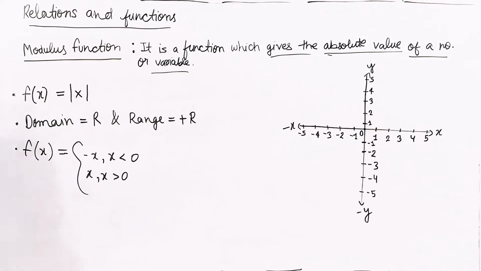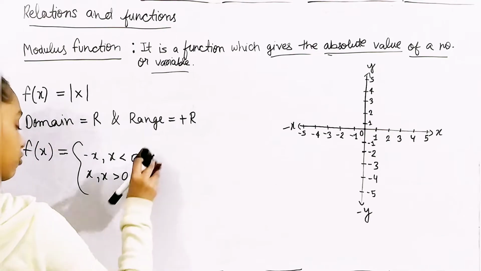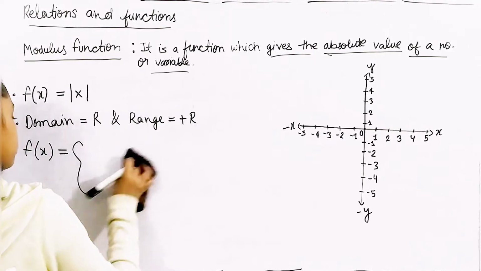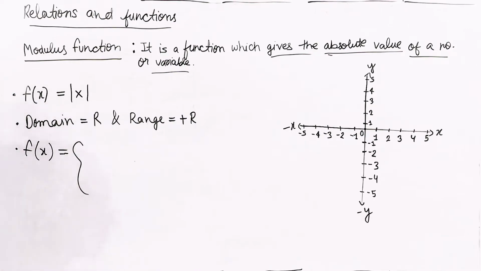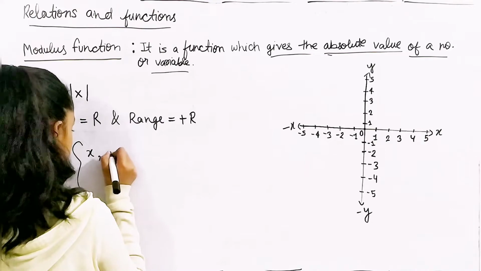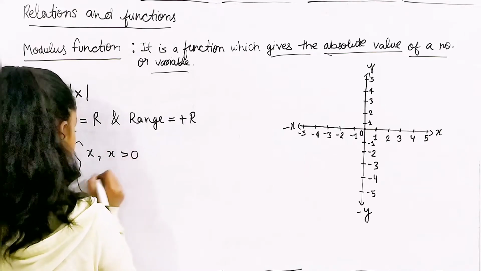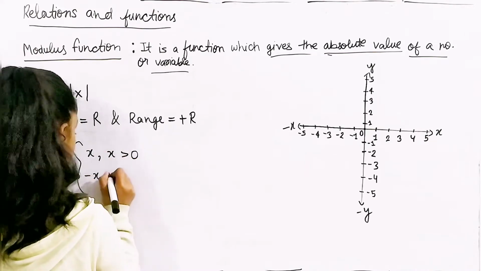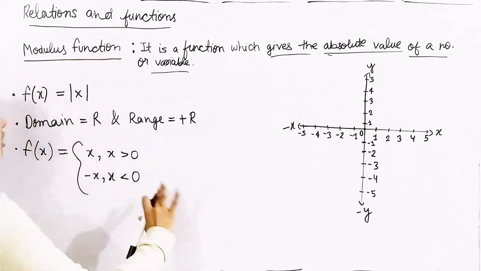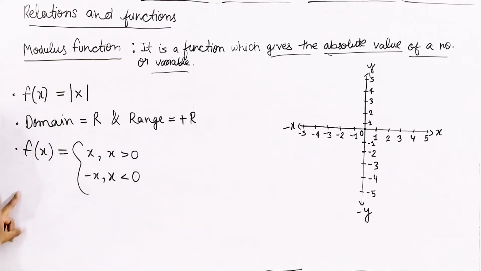Let me write it with positive first and then negative: positive x if x is greater than 0, negative x if x is smaller than 0. This is the one thing that we'll see.